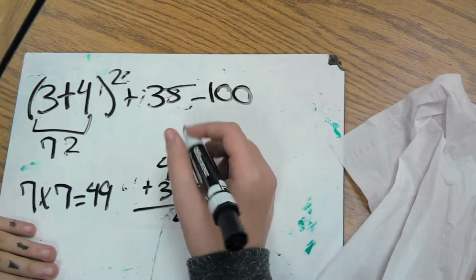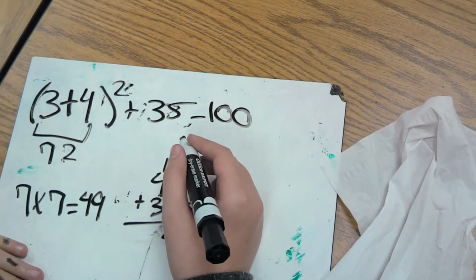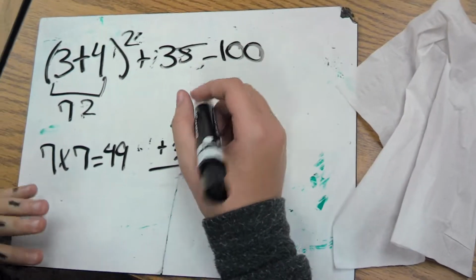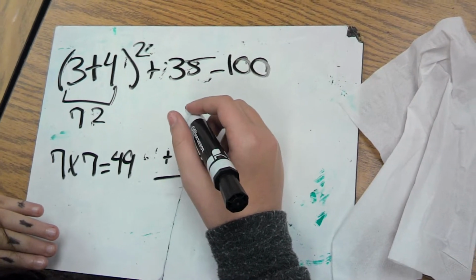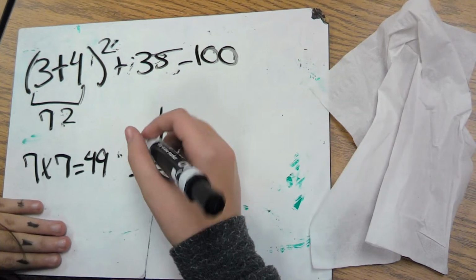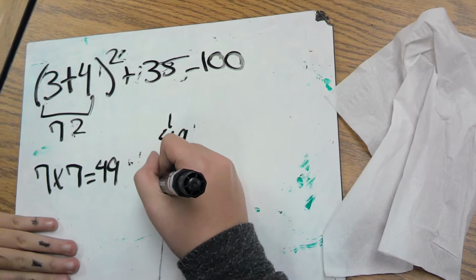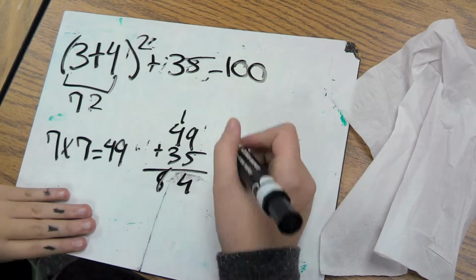Then you would take 4 plus 3, which would make 7 plus another one, which would make 84.